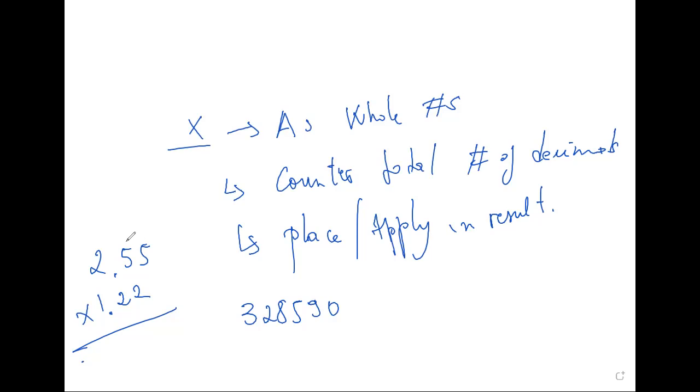How many digits? 1, 2, 3, 4. So count the same number from right to left. 1, 2, 3, 4. And place your decimal. As simple as that. That's it. So multiply blindly without the decimal. And at the end, count how many decimals you have and then go back that same number.